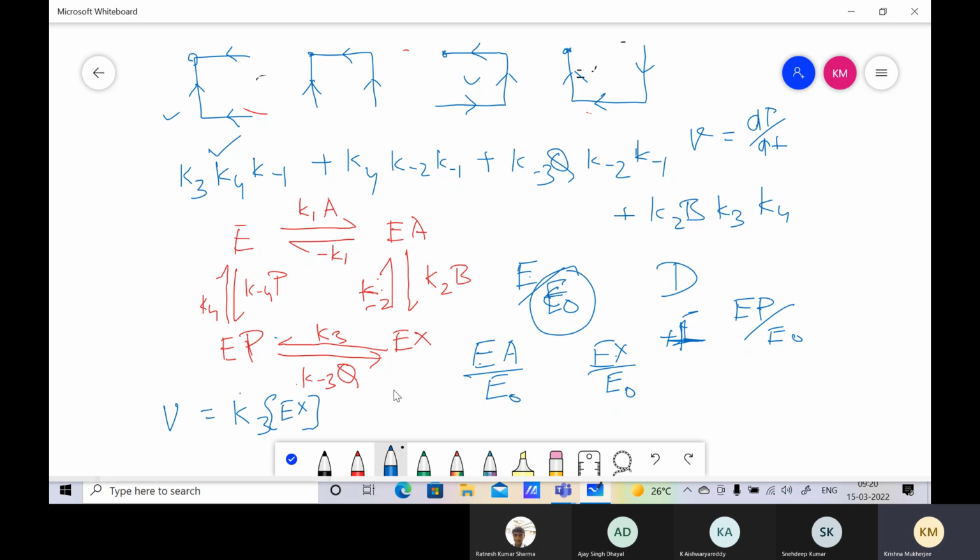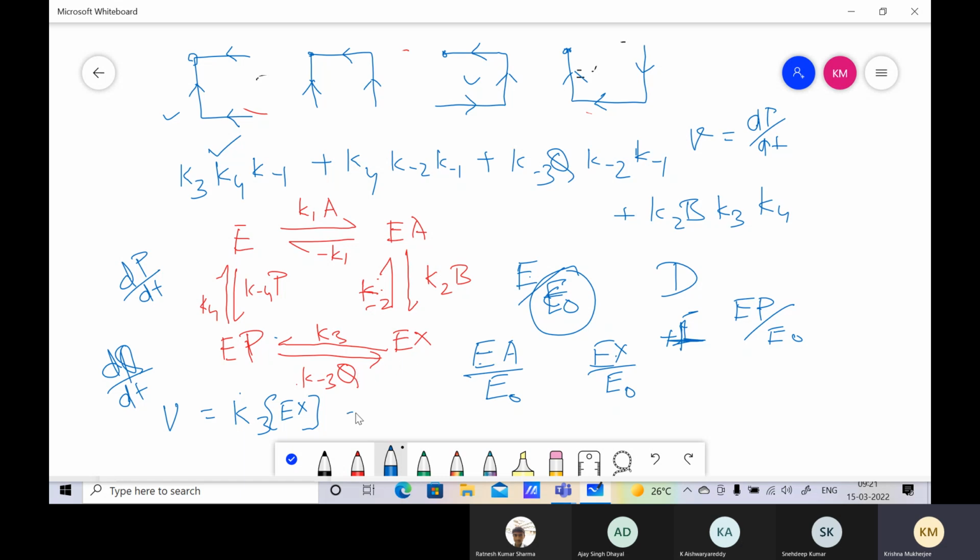And of course, that depends on if you're looking at P, dP by dt, or Q, dQ by dt. These are both important things. They may or may not be equal, but they should be because they're stoichiometrically balanced in this case. But in general, they may or may not be equal.